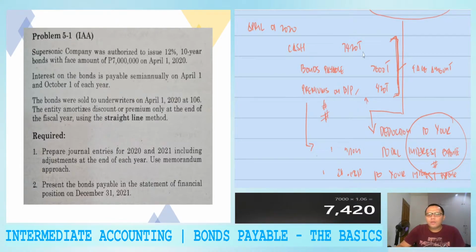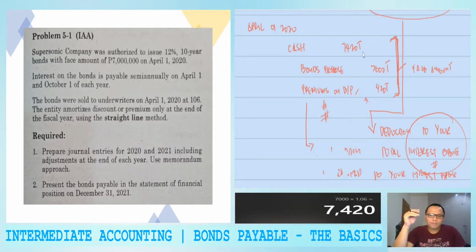Now, in accounting for bonds payable, as noted, di ba, there are two methods: the memorandum entry method or the journal entry method. But we have to always remember that the main difference basically lies in the recognition of your authorization of bonds payable issuance.